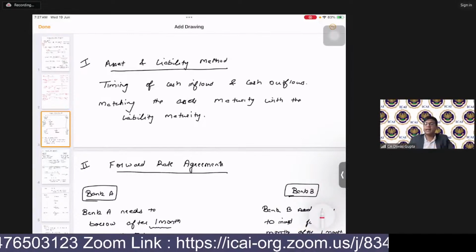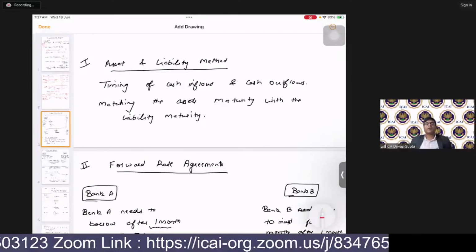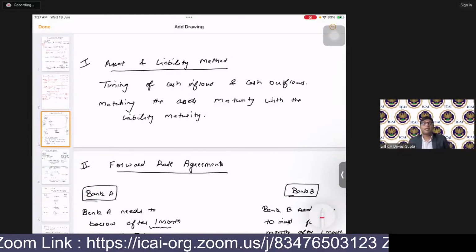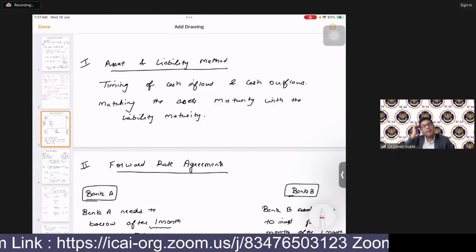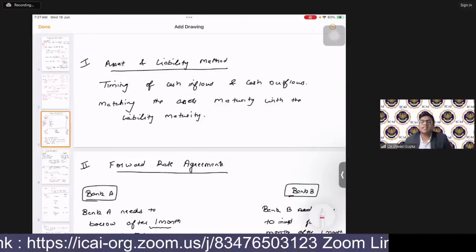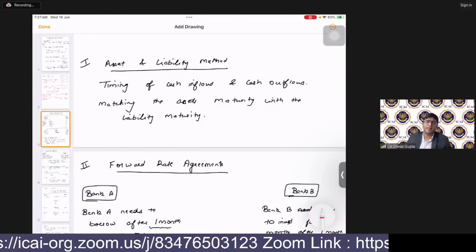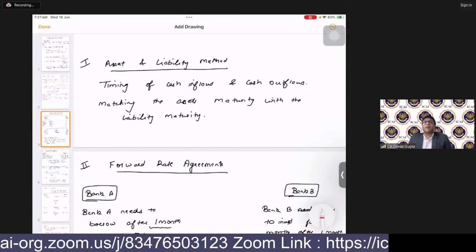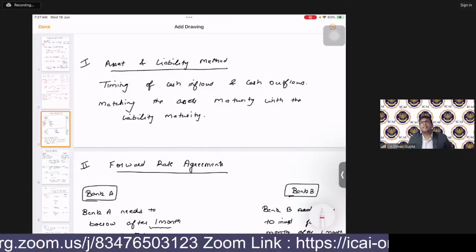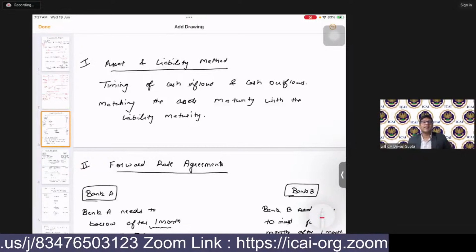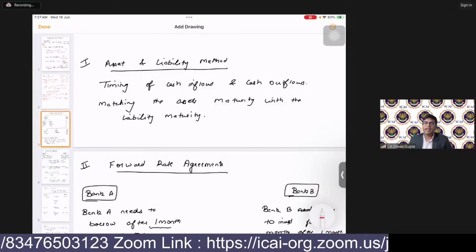Now imagine a company. I'm just taking a very simple operational example. Imagine a company which is into, let's say, sales and purchases. It's just doing a simple trading business. Now, the major cash inflow is only because of the sales that the company is trading the goods, right?